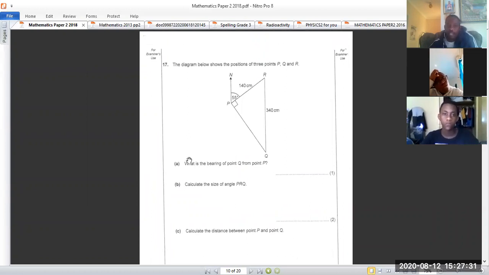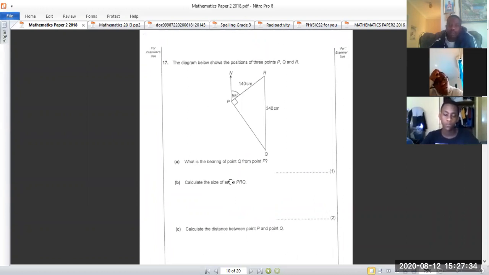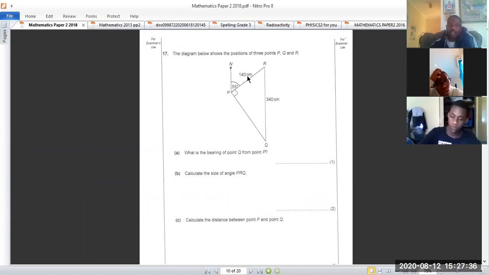Okay. Number 17, here we go. The question says, the diagram below shows the 3 points P, Q, R. We form a right angle triangle here, and we can see this is 65. What is the bearing of Q from P?